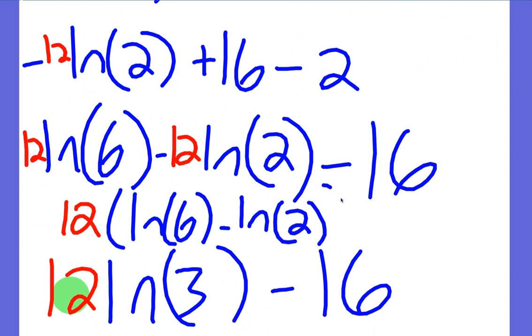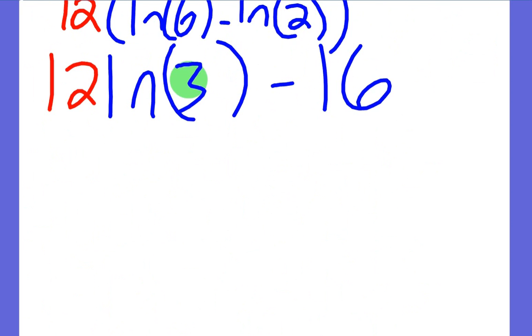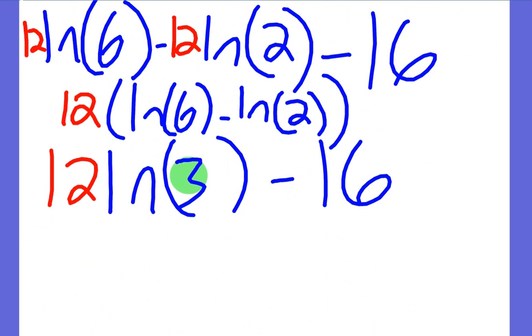And again, the rule is you just divide what's on the inside to get 6 divided by 2, combining it into one logarithm to get natural log of 3. This is about as simple as you can get it. You could move the 12 and make it an exponent, but that's not really going to simplify it.